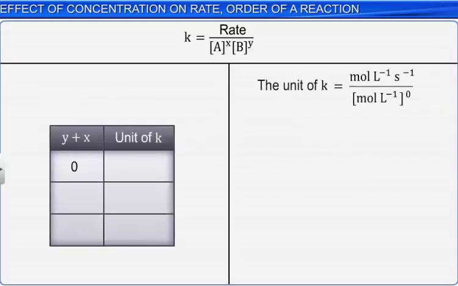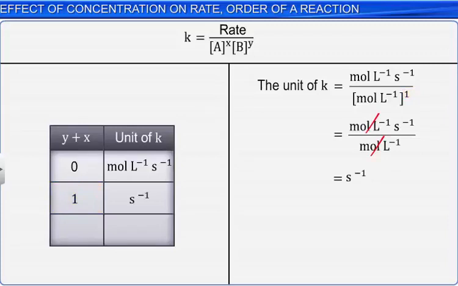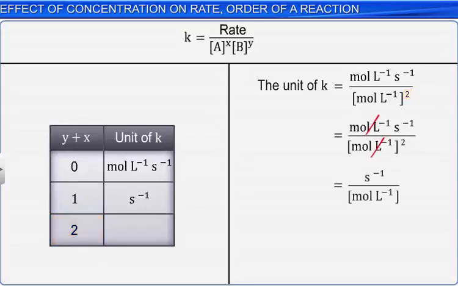If y plus x is 0, then we get the unit of K in the SI system as mole per liter per second. If the overall order of the reaction is 1, then we get the unit of K as per second. If the overall order of the reaction is 2, then we get the unit of K as liter per mole per second.